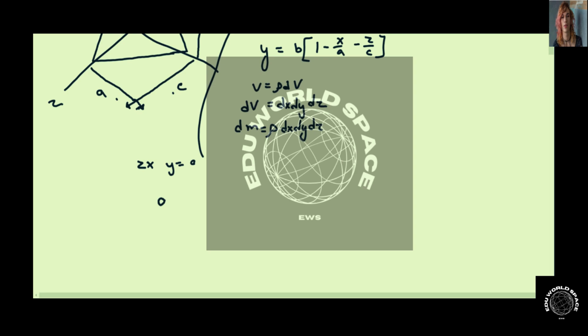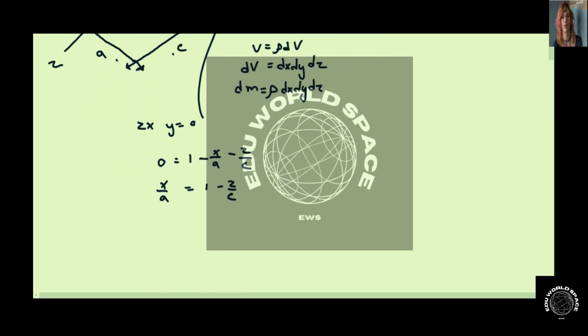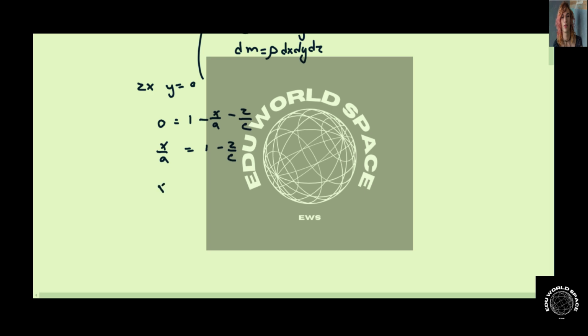So that one we'll do because it's going to be the simplest. 0 equals 1 minus x/a minus z/c, and we're going to solve for x. x/a equals 1 minus z/c. And now we can solve for x. So x is going to equal a times (1 minus z/c).